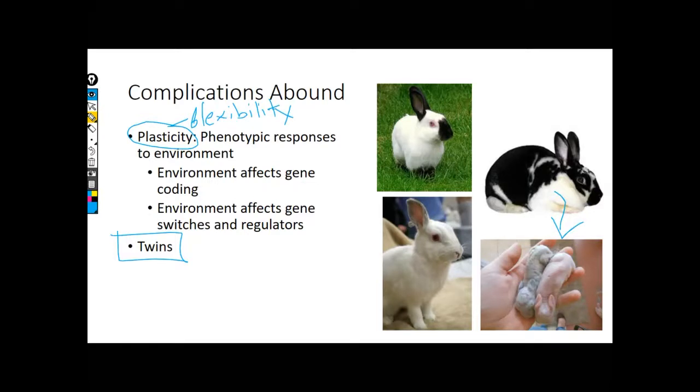We took our pink bunny, and when he was just born, we put him in a little warm cage. Despite the fact that they have the same DNA, depending on the environment these bunnies were in, their DNA coded different proteins in response to the environment.